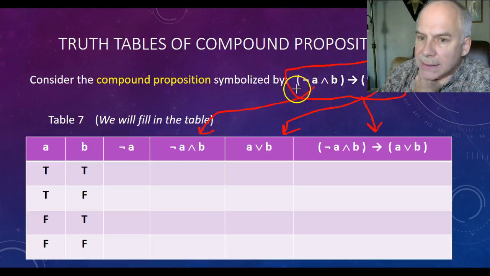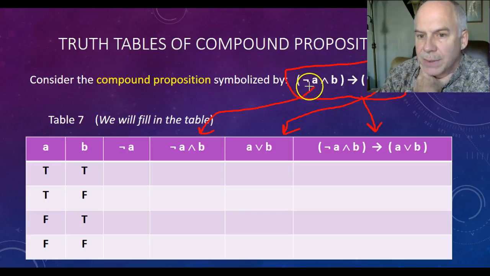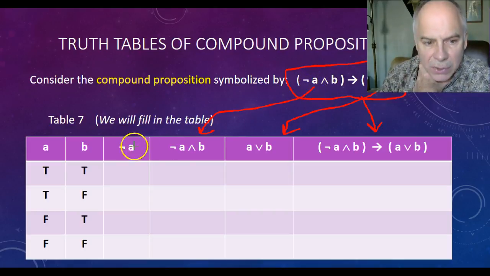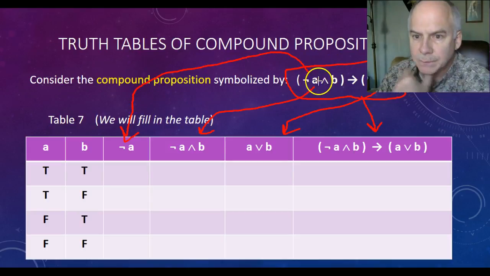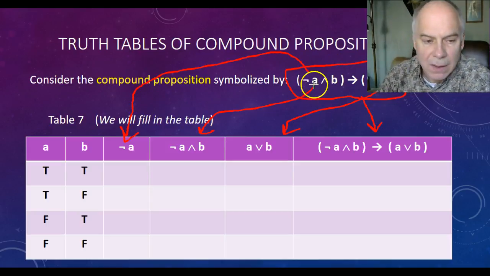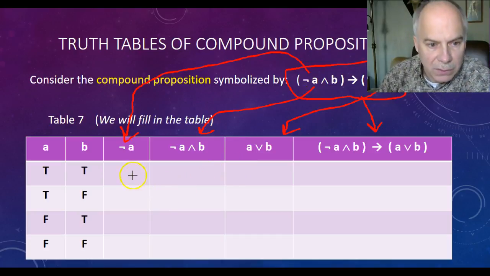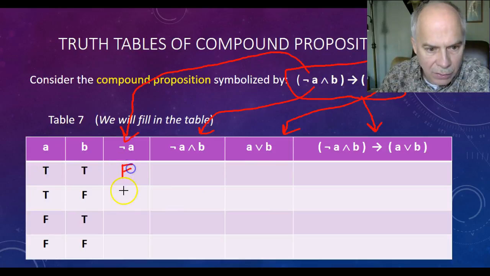But inside that first item in parentheses, I have a not A. Okay, so I need also a not situation here to go along with this not. All right, so then I'm going to negate the A column. So I'll start off and go false, false, and true, true.